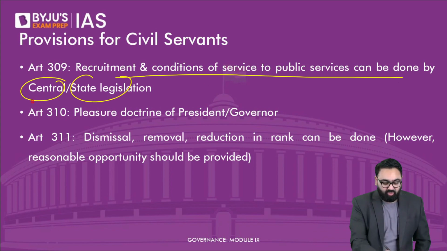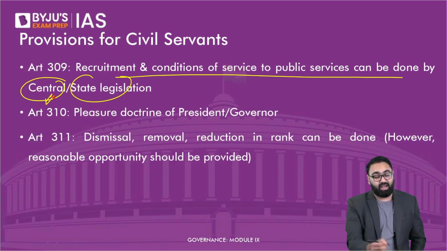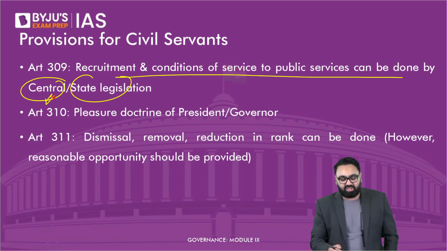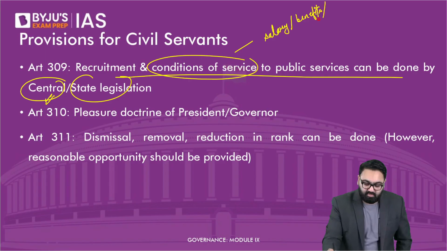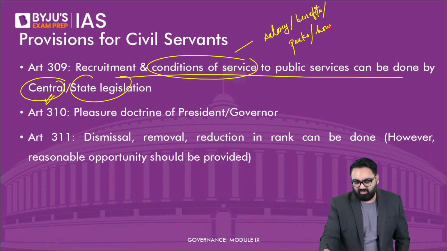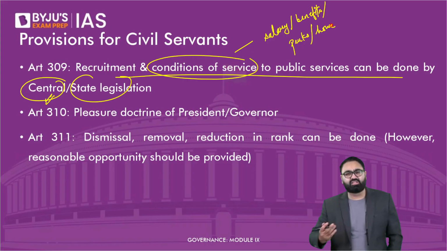So for central government services, the parliament will make the law. Condition of service basically means, for example, salary, other benefits, and other perks, for example, the house, etc. You will get. All these come under the condition of service.